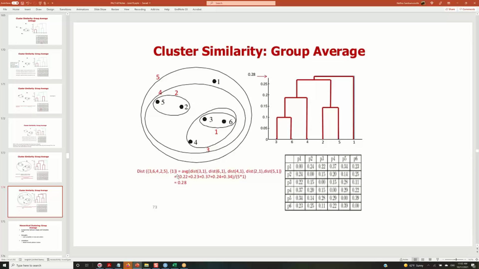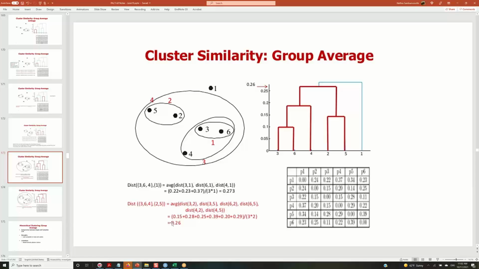But what happens is, let me explain here. 3,6,4 to 1 is 0.273. So 3 and 6 and 1, so 0.273, that's what it's going here. And you will see the rest of the calculations. The distance between 3,6,4 with respect to 2 and 5 is 0.26.